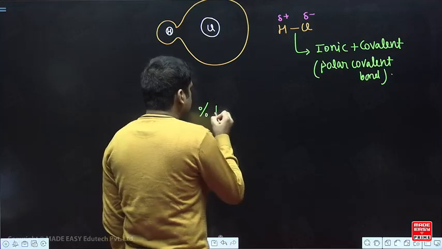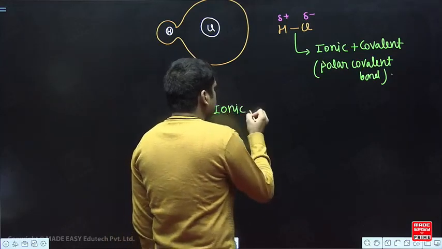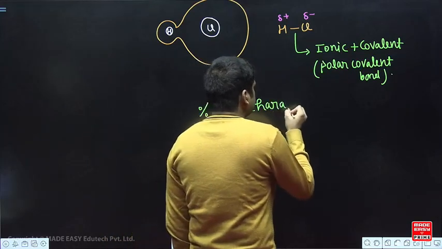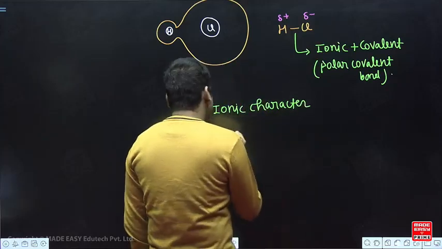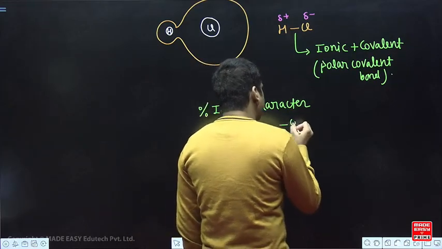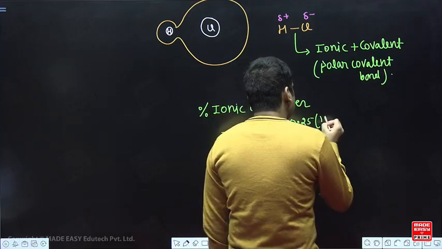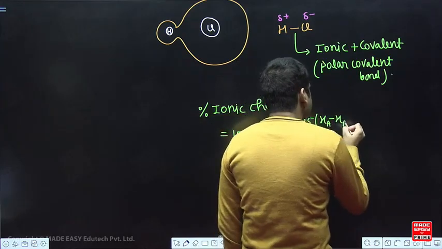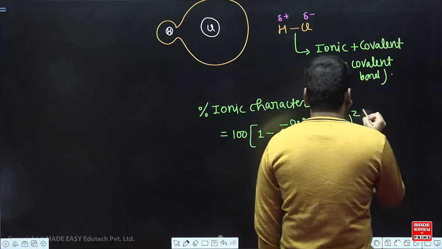So the percentage ionic character in a polar covalent bond is 100 times (1 minus e to the power minus 0.25 times (xA minus xB) whole squared).